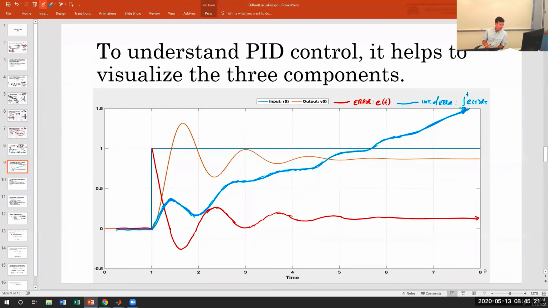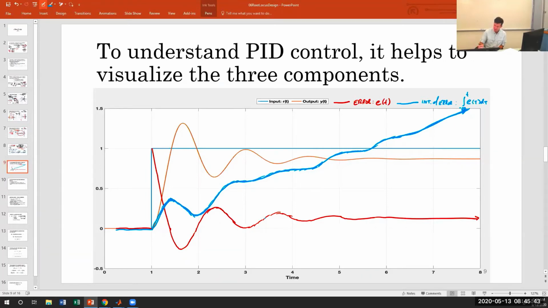And if the error has a limit as a positive value, this integral is unbounded, right? Because the integral of a constant step just runs off as a ramp. So you can think of this as a step with some wiggles at the beginning, which means we get a ramp with some wiggles at the beginning.